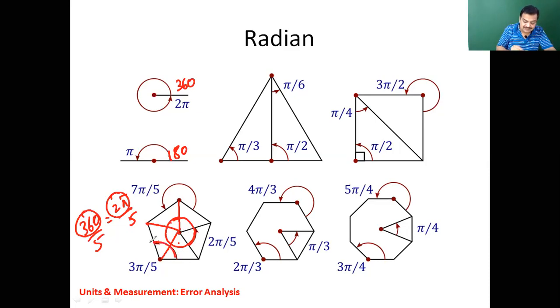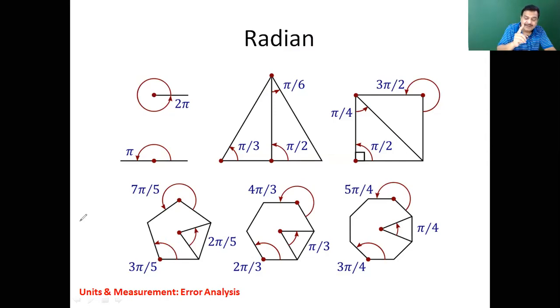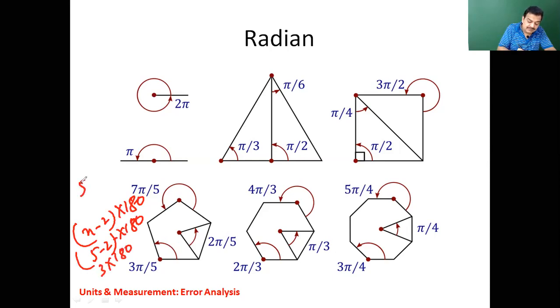What is this angle? Why is it so? Now look, I told you the total internal angle of a polygon is n minus 2 into 180. So n is 5, 5 minus 2 into 180 is equal to how much? 3 into 180, 540.